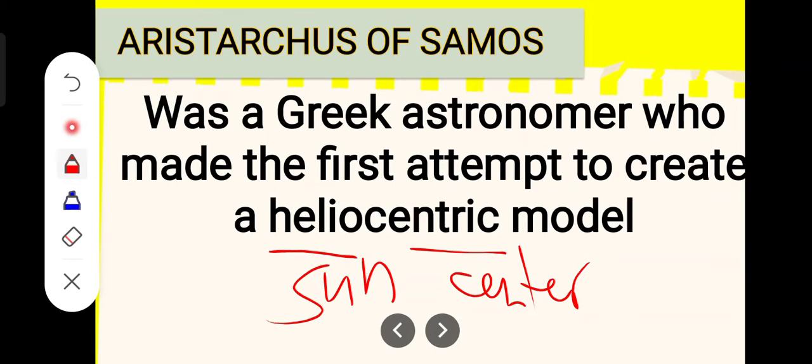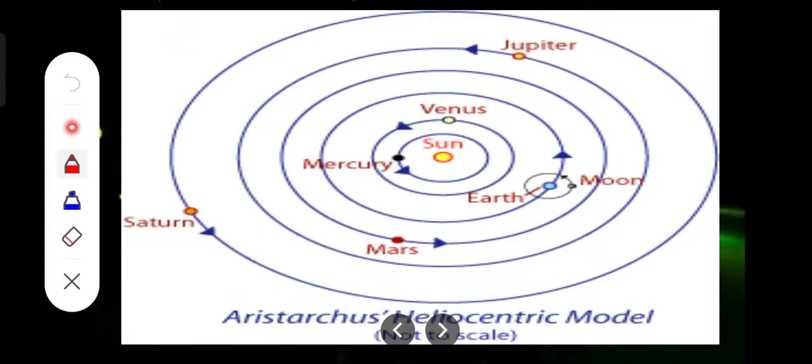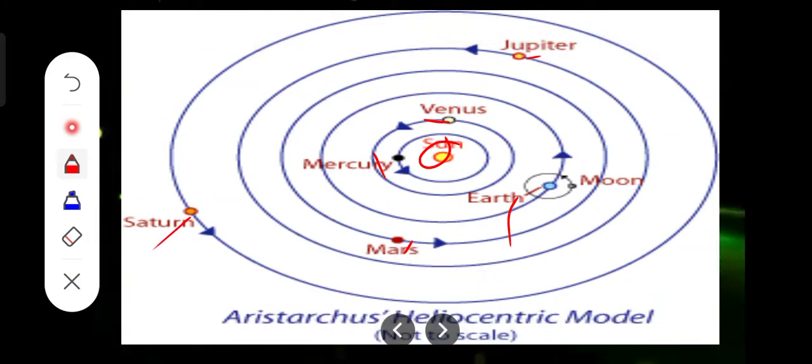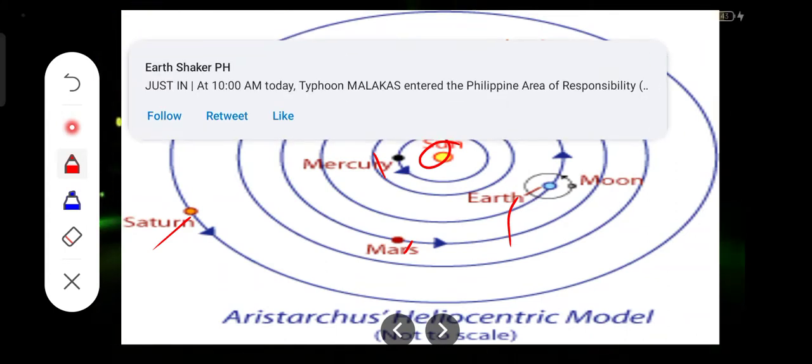Sun is the center of the universe. So he was the first person who attempted to create that model. As you can see in his model, Sun is the center, followed by Mercury, Venus, Earth, Earth's moon, Mars, Jupiter, and Saturn. Those are just the different planets that they used to observe using only their unaided eye.